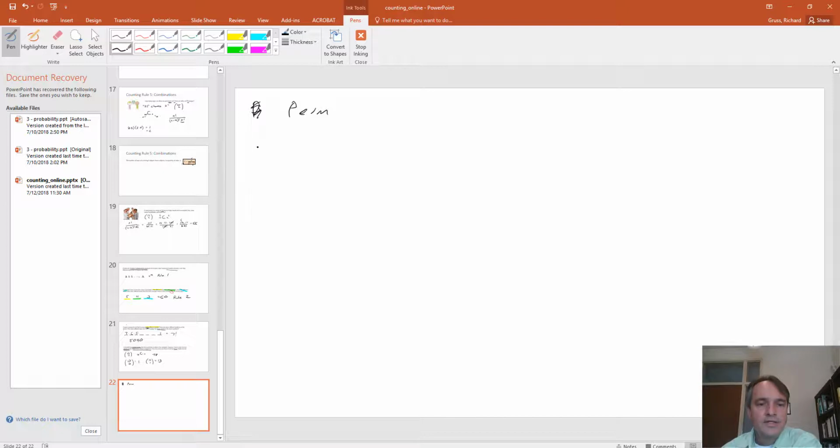So let's say we're doing that book problem where we had 5 permute 3. And the formula for that was n factorial over n minus x factorial.